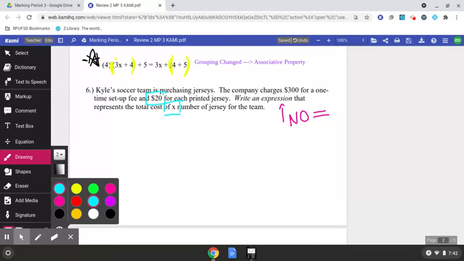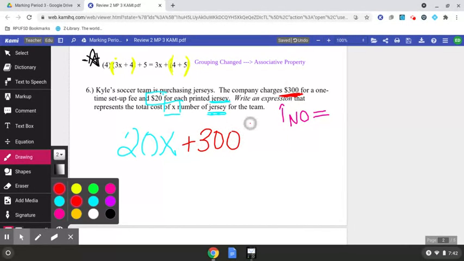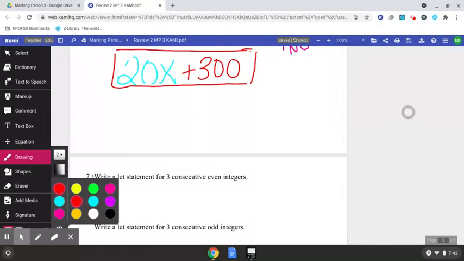So those two terms, because they both represent jerseys, have to go together in my expression. So 20 and X go together in my expression. My 300, I have to pay them just to get them to even consider making my jersey. So I'm going to add that 300 to my expression, and it just sits there and doesn't get added to or multiplied by anything. So that would be an expression that represents the total cost for X jerseys.